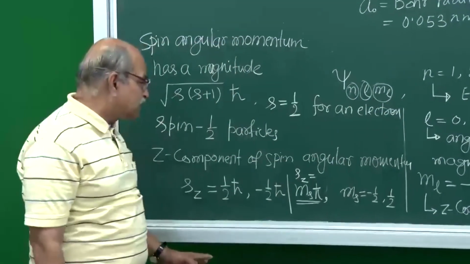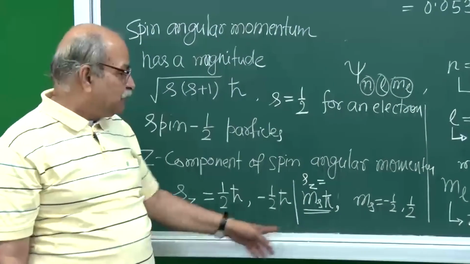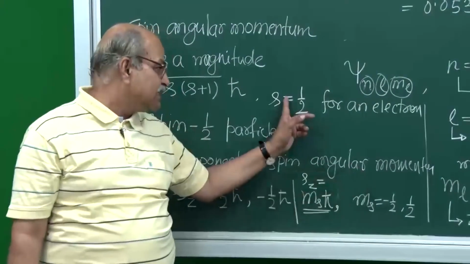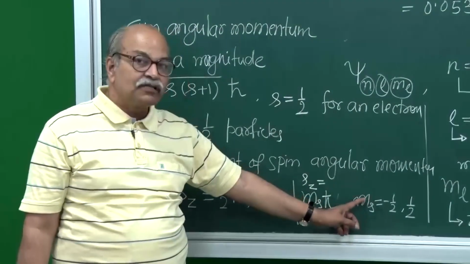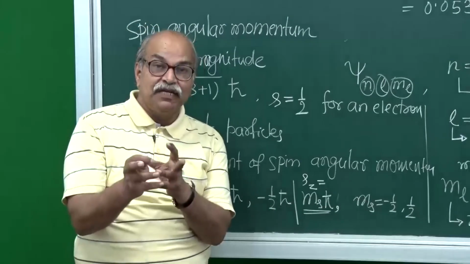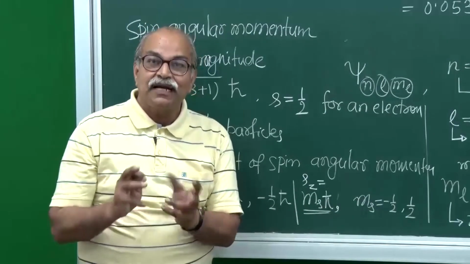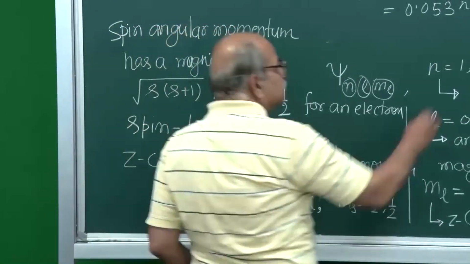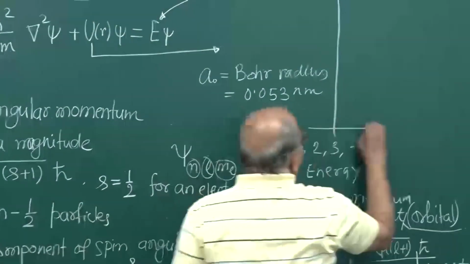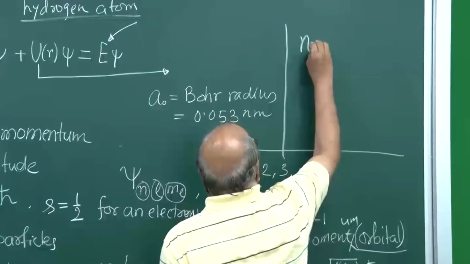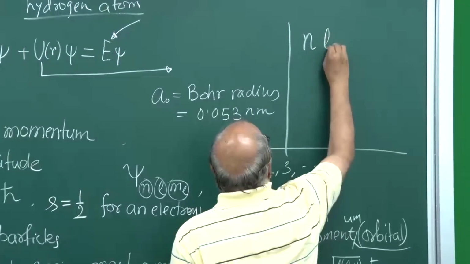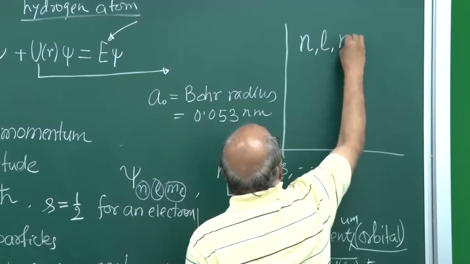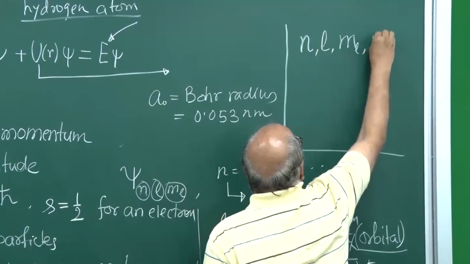And if you give this ms also, because S is anyway fixed, then that spin part, behavior of that spin part, that is also fixed. So if I give all 4 of them, if I tell what is N, if I say what is L, if I say what is ml, and if I say what is ms.